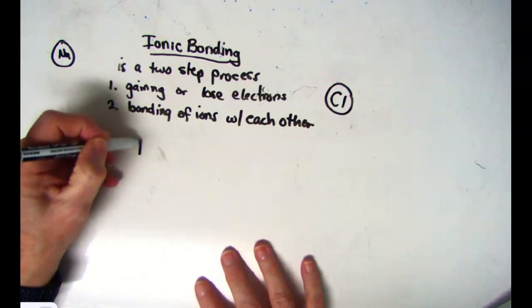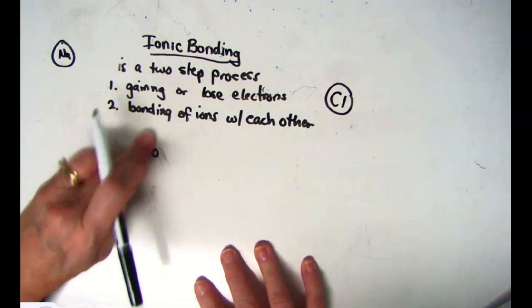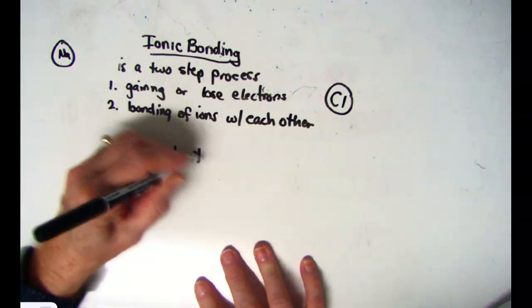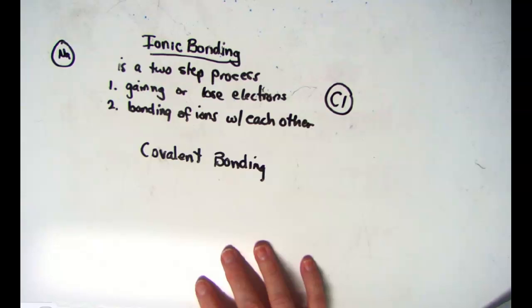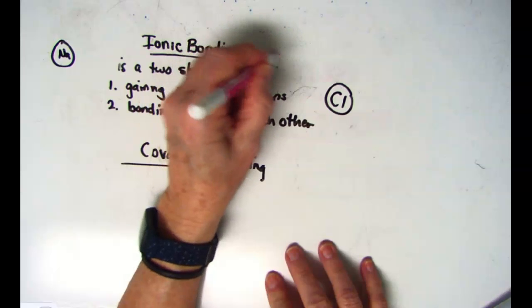As we move into the next area, which is going to be covalent compounds, or covalent bonding, we need to do a quick little comparison before we ever get started. Ionic bonding is between ions.